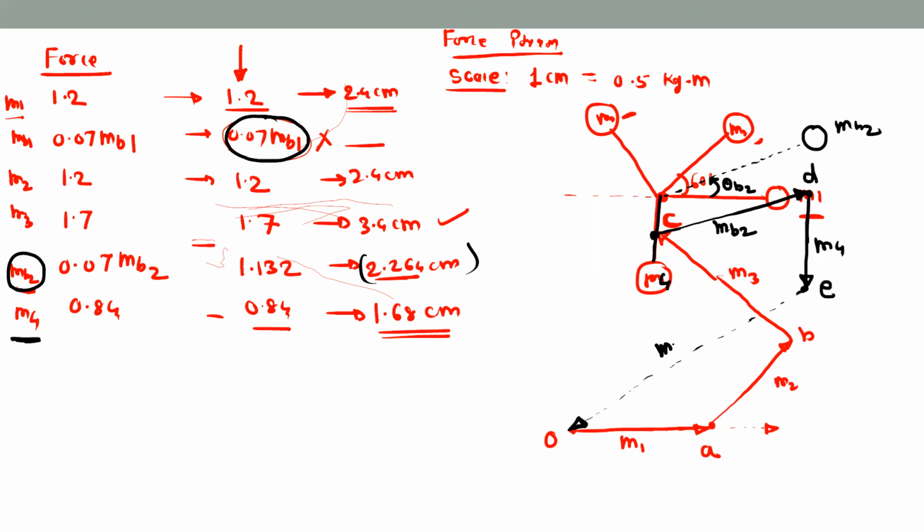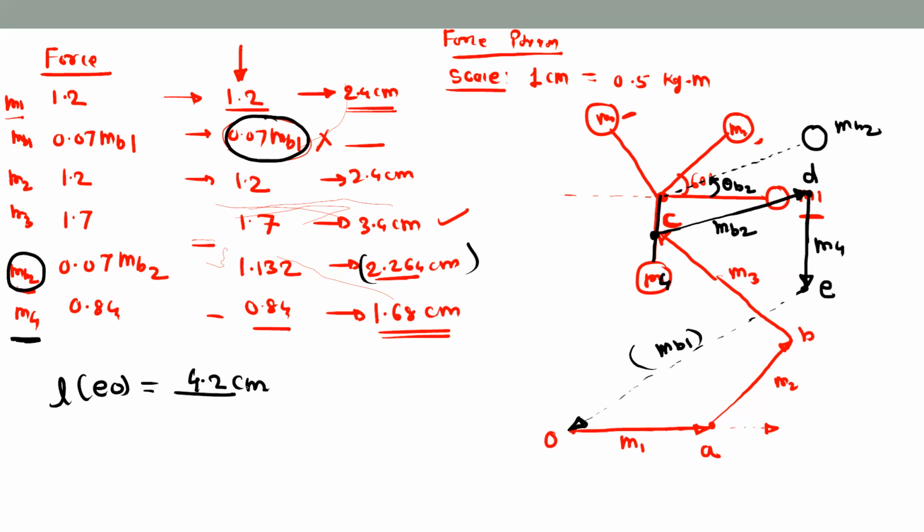So this is for balancing mass 1, that is vector EO. How to find out this value? Measure the length of vector EO. I have got that length as 42 mm, that is 4.2 centimeter. You can verify this answer, it may not be exact.